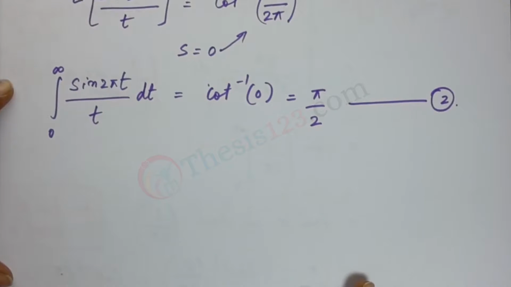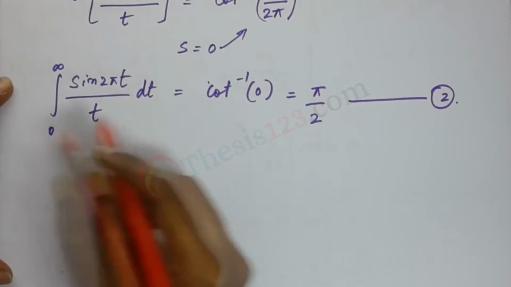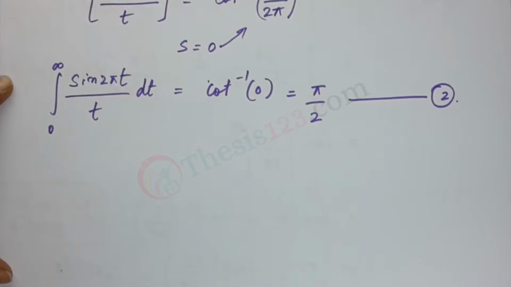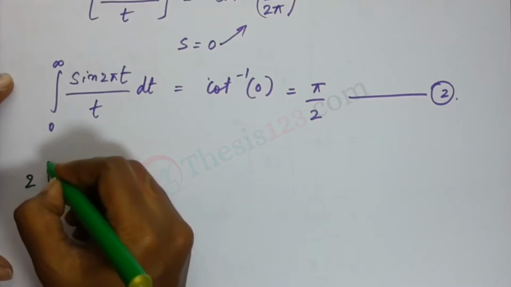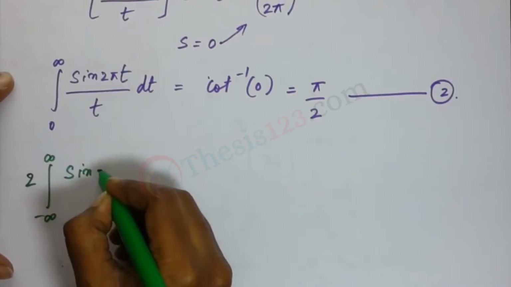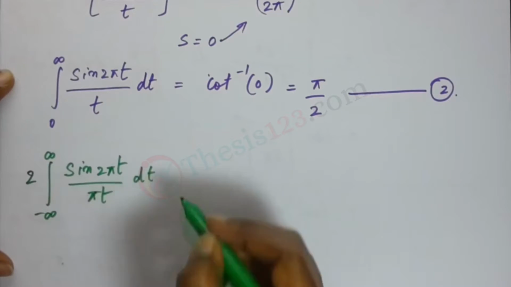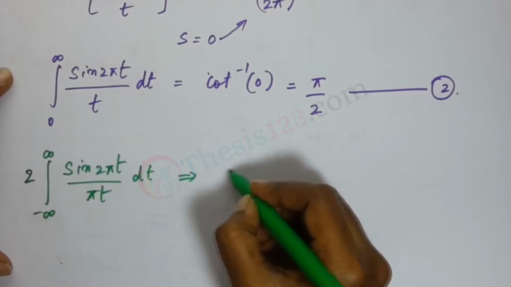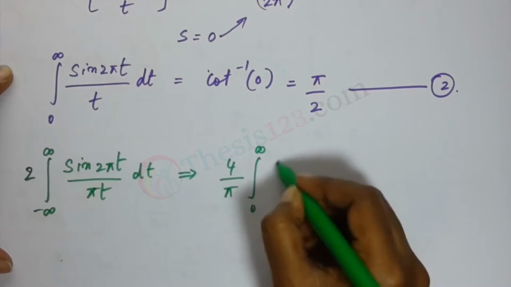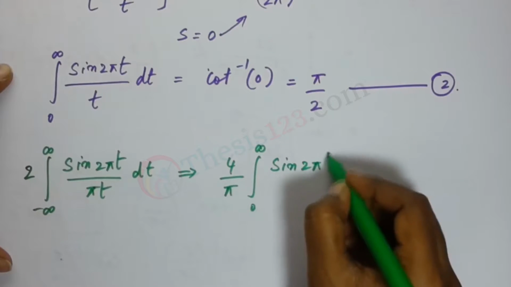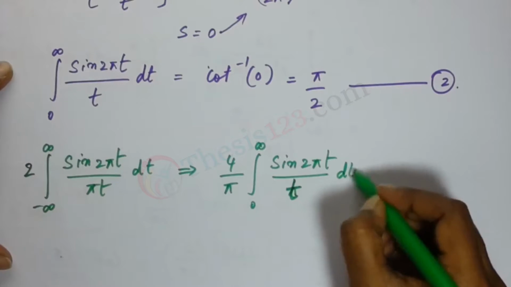So now let's look at what we had at the very beginning. We had 2 integral of minus infinity to infinity sine 2 pi t by pi t dt. This is what we started with, and we came to a point where we had 4 by pi integral from 0 to infinity sine 2 pi t by t dt.